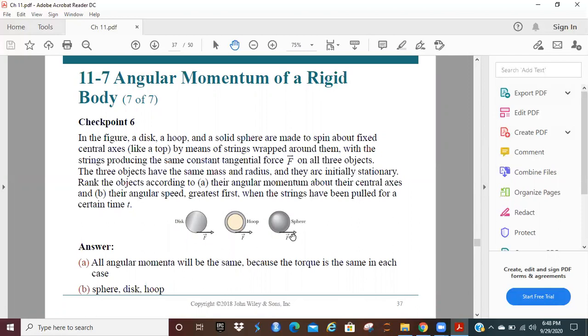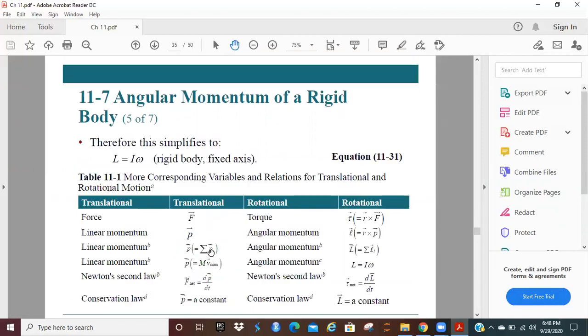In order to be able to do that particular problem, you're going to need to know the moment of inertia for the sphere, for the hoop, and the disk. And that is why they are in the order that they are. The angular speed of the sphere turns out to be the greatest, followed by the disk, and followed by the hoop. The reason for that is when you look at the definition of angular momentum, the moment of inertia for each of those is going to be different.